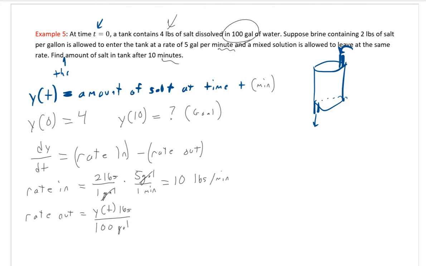That's how much salt we have in the entire 100-gallon tank, and it is leaving, it says, at the same rate, so 5 gallons per 1 minute. 5 over 100 gives us 1 over 20. So we have y(t) over 20 pounds per minute.